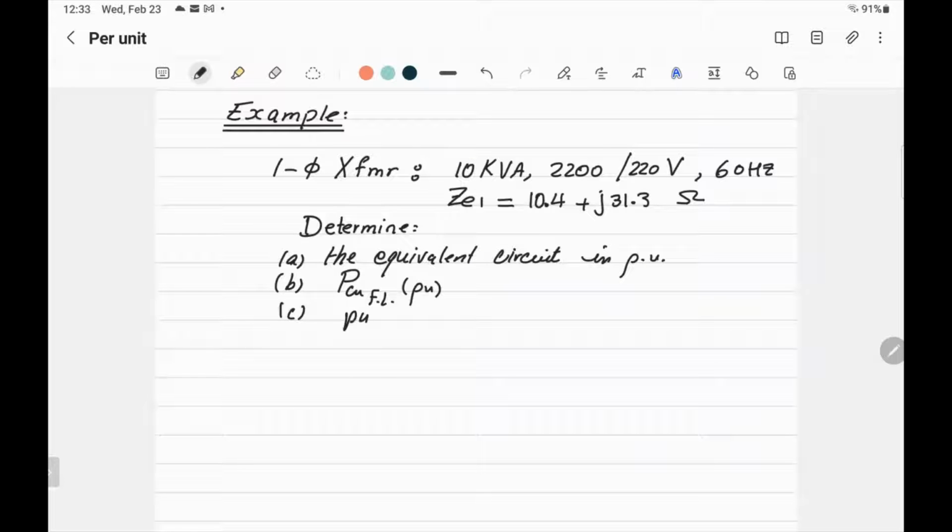The per unit voltage regulation. Do I write VR for voltage regulation, or do I have to spell it out? That's fine. Okay.